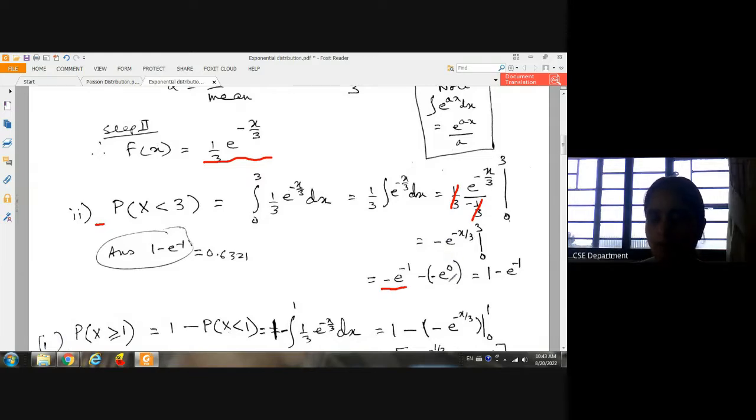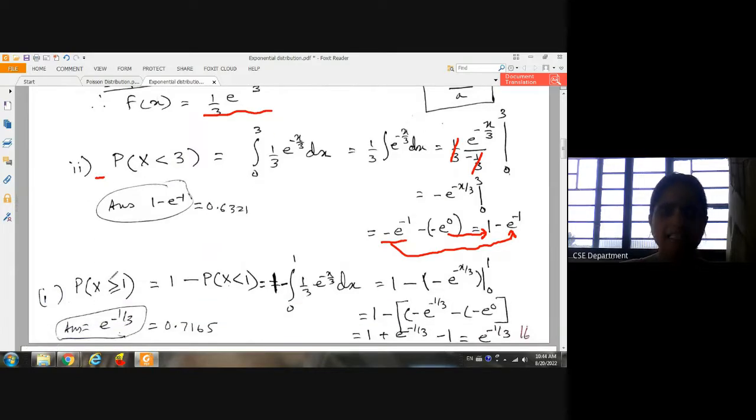So we got minus e power minus 1, minus minus is plus, e power 0, and anything power 0 is 1. Please remember that. So we get 1 minus e power minus 1. This is the value of the probability that x is less than 3.